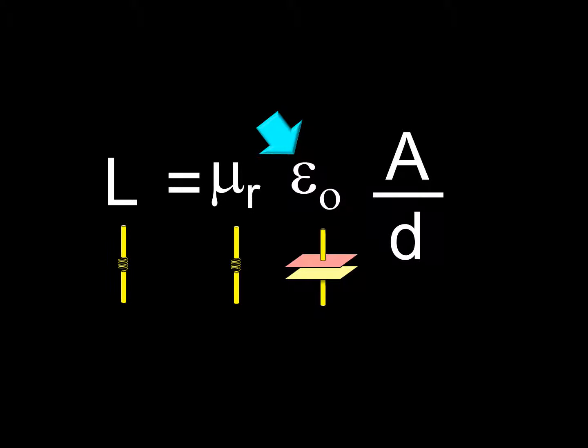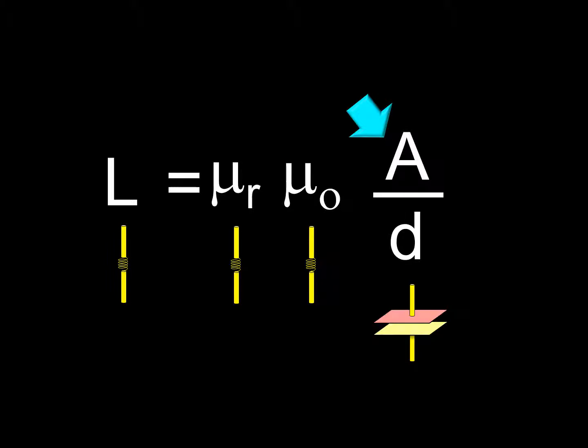The dielectric constant in the capacitance formula, I will substitute by the magnetic constants. The fraction constituted by the area divided by the distance of the plates, which is characteristic of the capacitance formula, I will substitute by the fraction of the area of the circumference of the core divided by the length of the core.